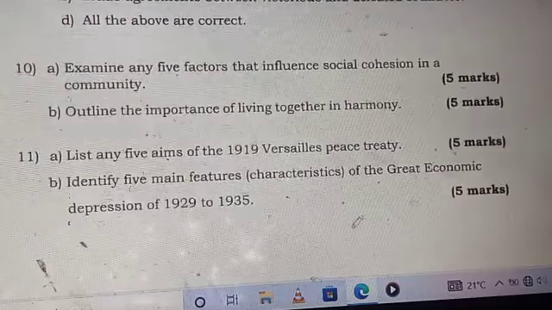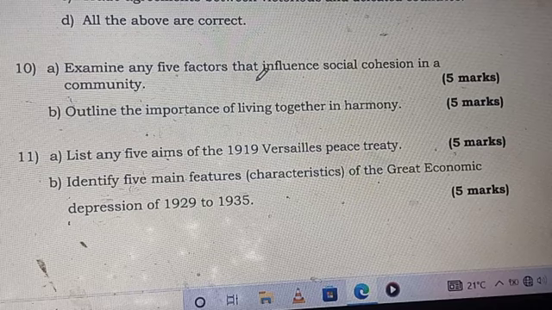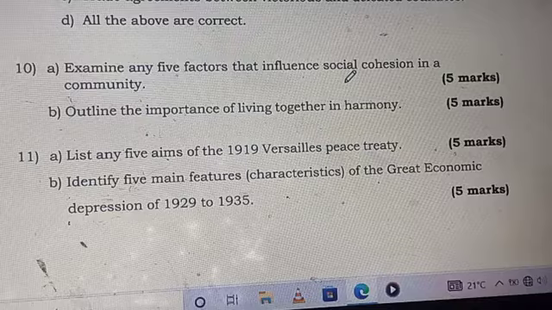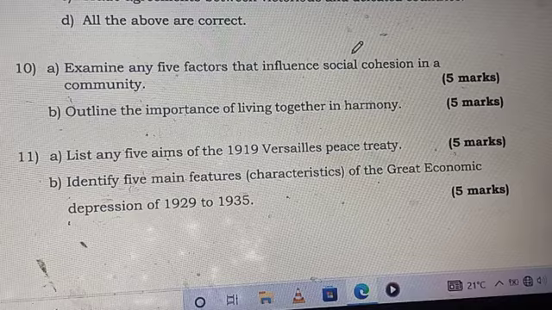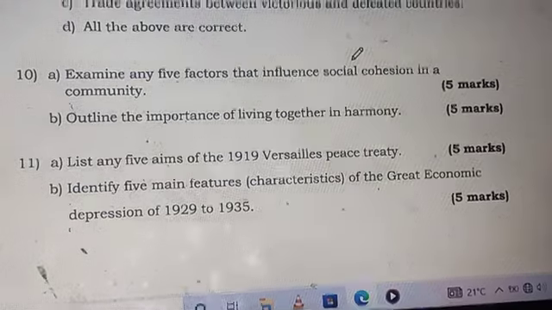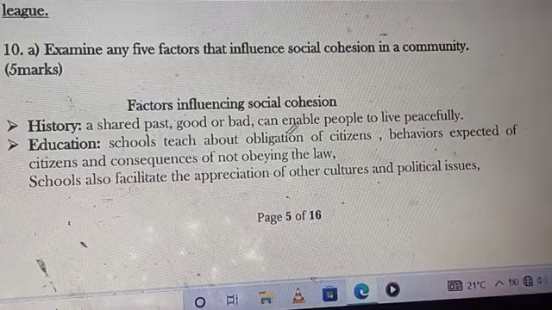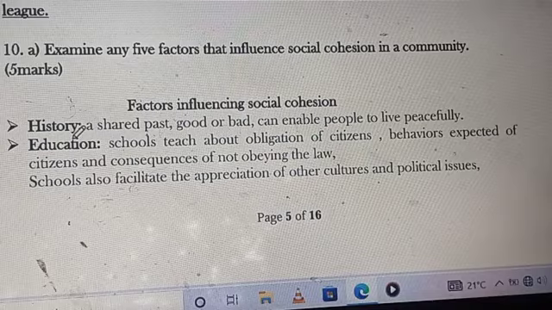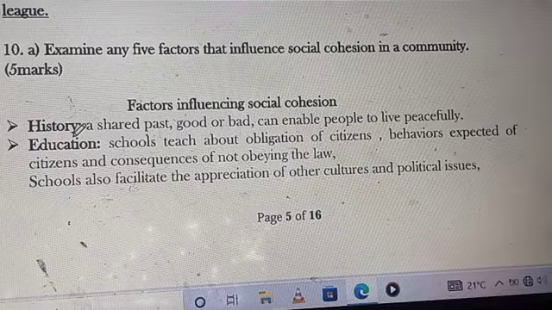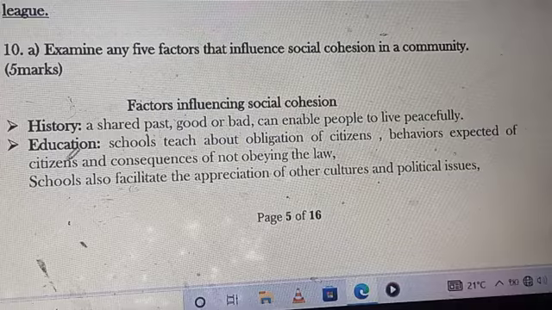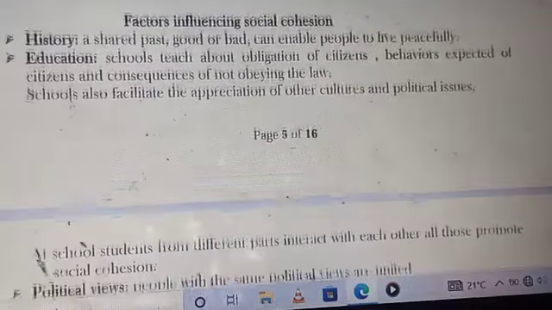Question 10a. Examine any 5 factors that influence social cohesion in a community. The factors influencing social cohesion: The first is history. A shared past, good or bad, can enable people to live peacefully. Education: schools teach about obligations and citizen behavior.